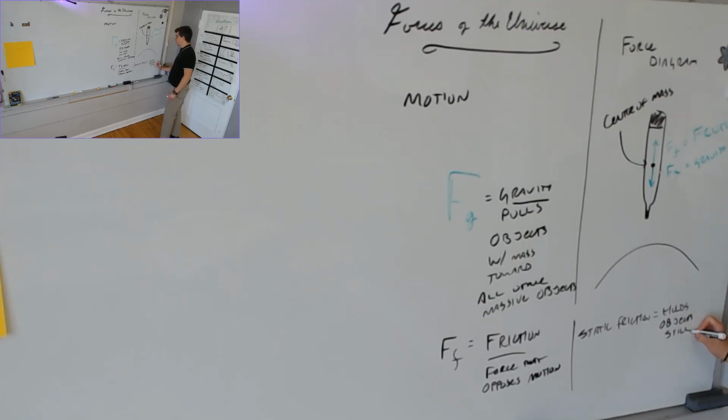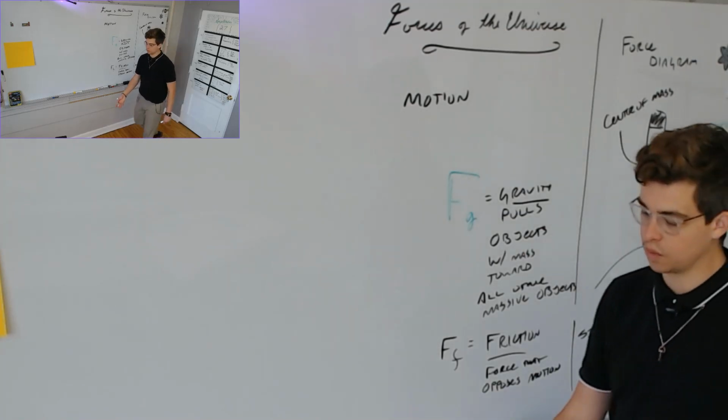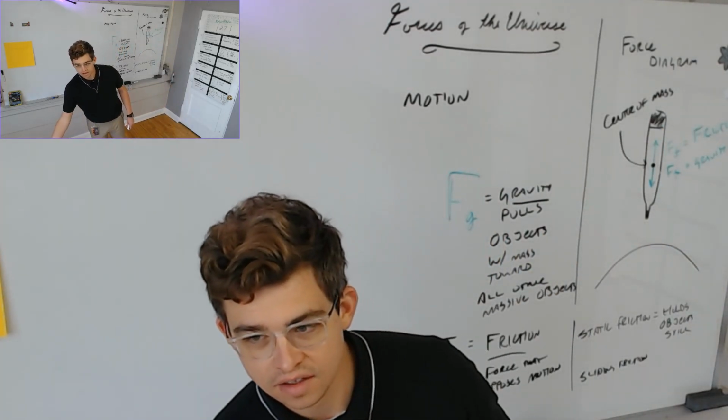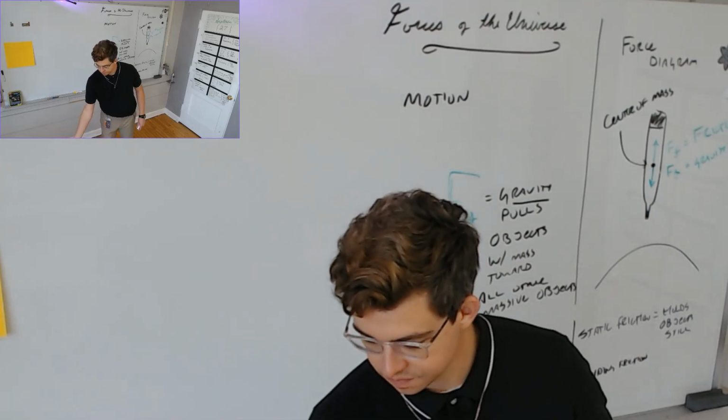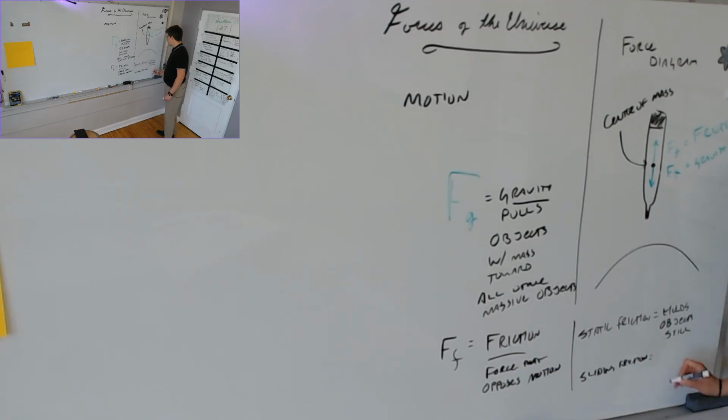It's not the only thing that holds objects still, but if the friction is stopping motion, that's called static friction. As opposed to sliding friction, which is where if I do put enough unbalanced force on this, now it slides, it makes that noise, and it slides. That's preventing further acceleration.